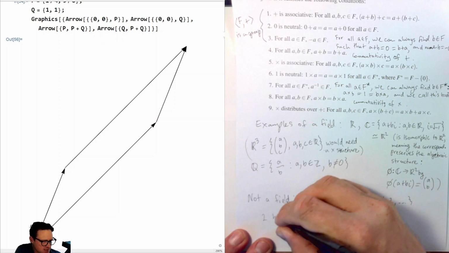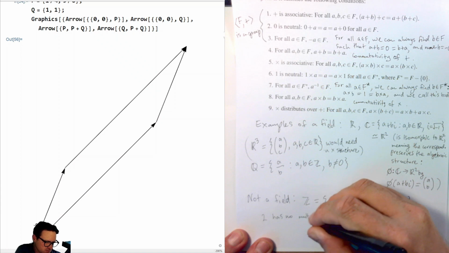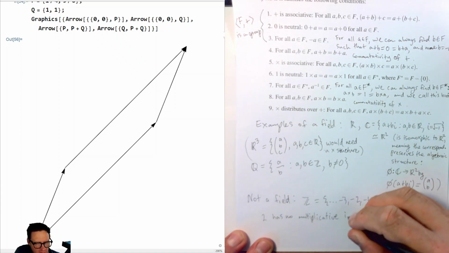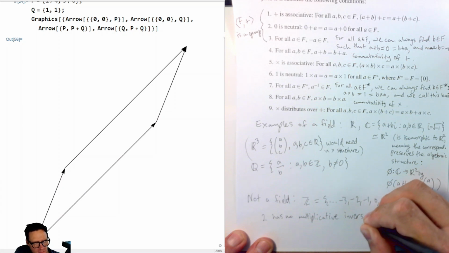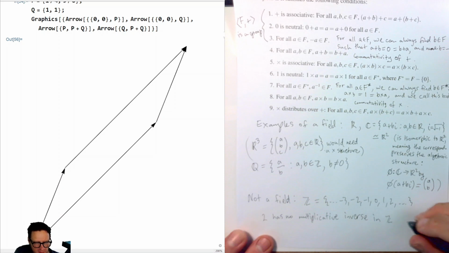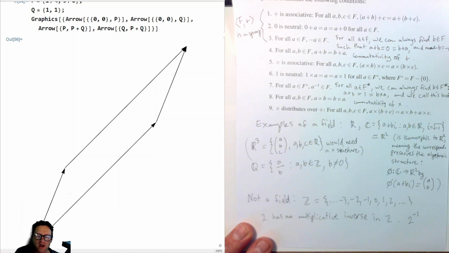So 2 has no multiplicative inverse in the set of integers. So for example, 2 to the -1, that would have to refer to 1/2, but 1/2 is not in here.